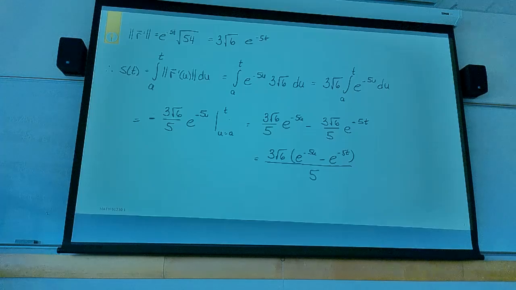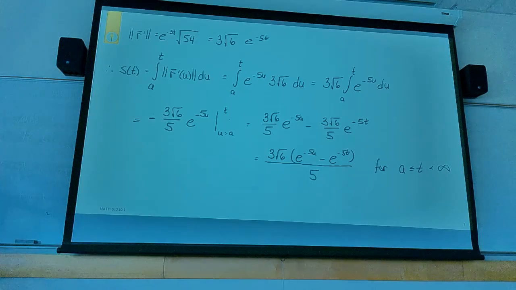Domain for t would be from a to infinity. Right? Again, because they didn't give us an actual interval to consider.